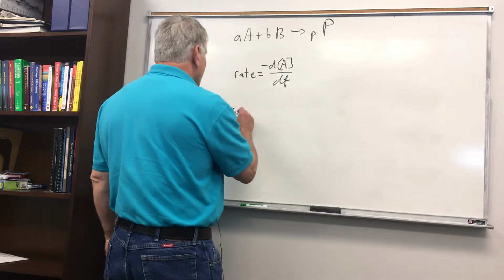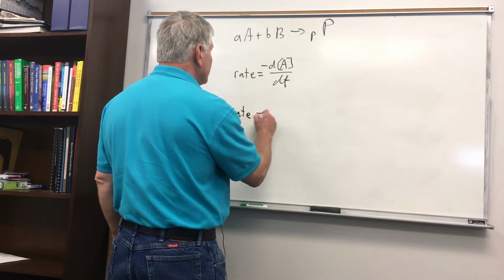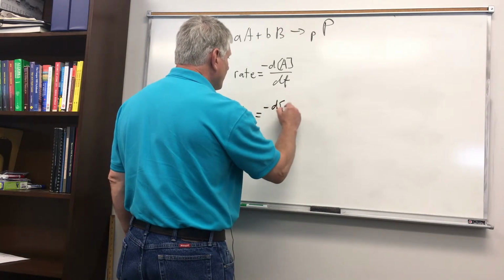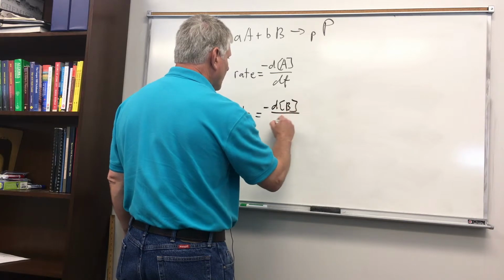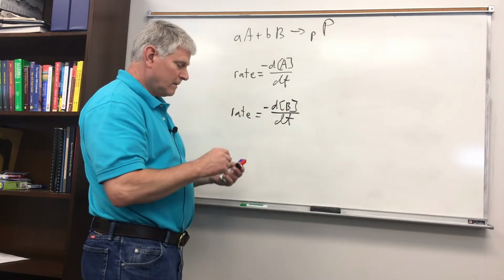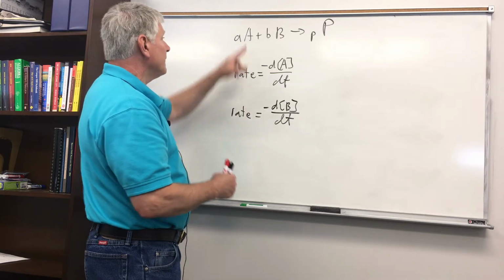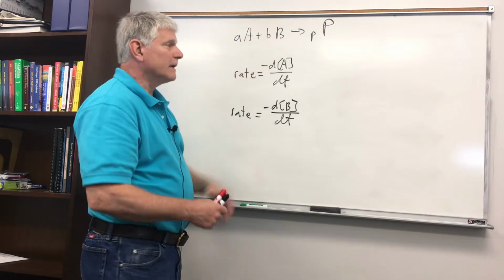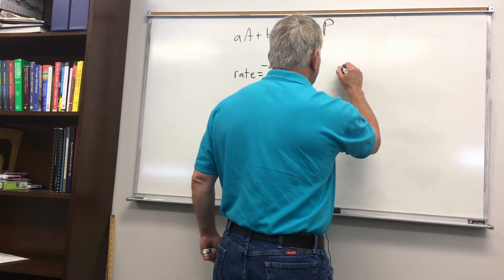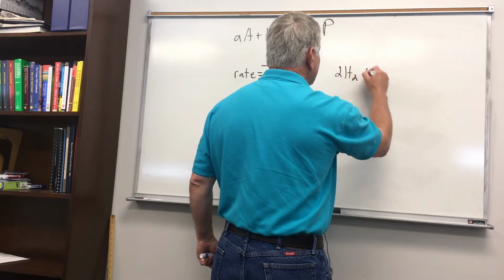If we express the rate relative to B, if a and b are different numbers, then A and B are going to be disappearing at different rates. Say we have this reaction.